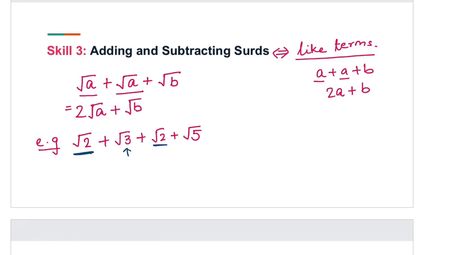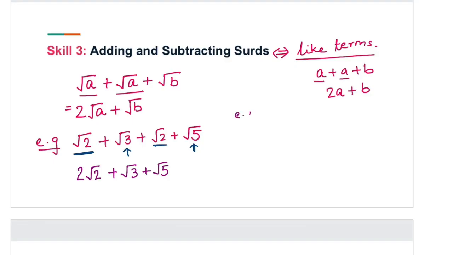Root 5 and root 3 are different, so they cannot go together. So the answer here will be 2 root 2, because there are 2 root 2's, plus root 3 plus root 5, right? We have to treat them as like terms, right? Let's do another one.